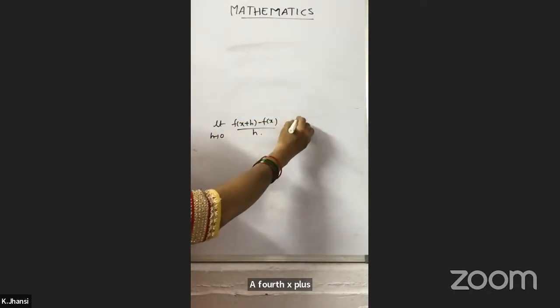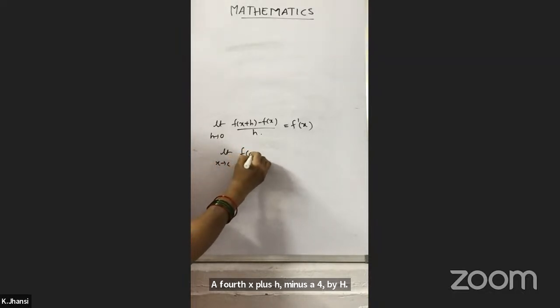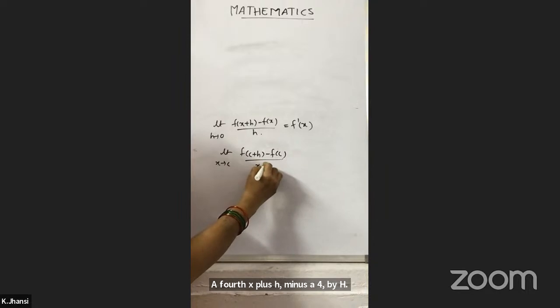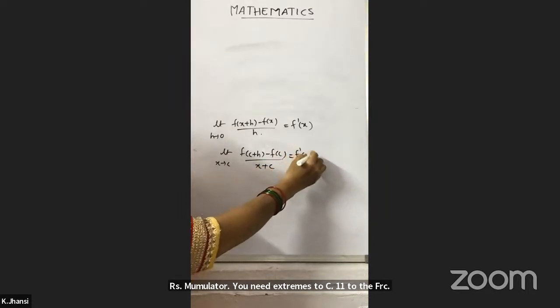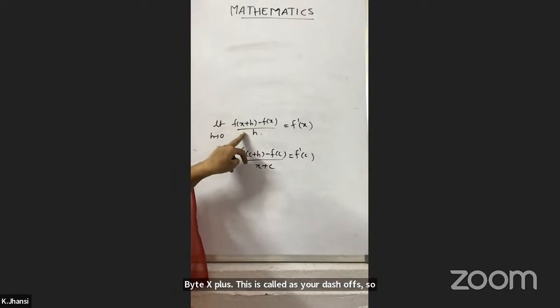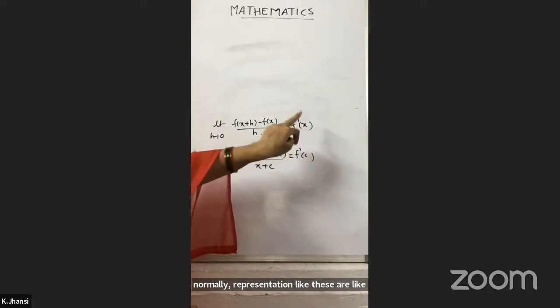This is called f dash of x. Normally, limit extends to c can also be like this, f of c plus h minus f of c by h. This is called f dash of c. So normal representation like this or like this, however it is, f dash of x means for the given function we are finding the differentiation.